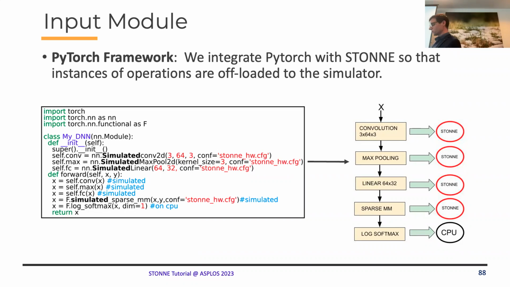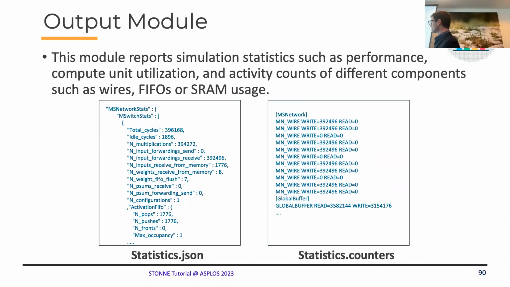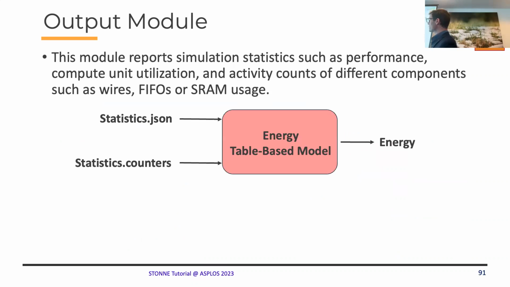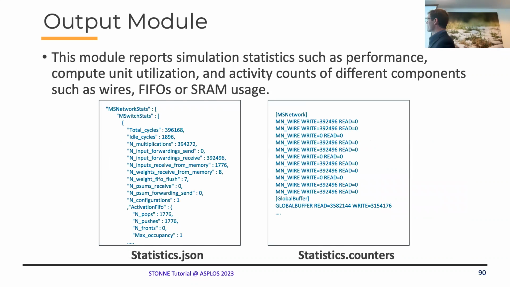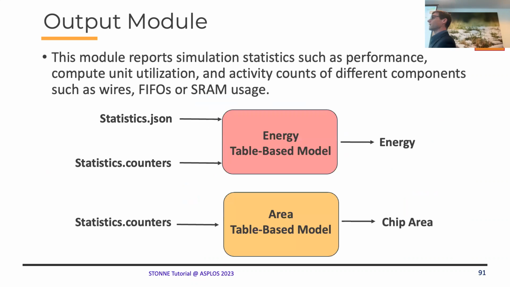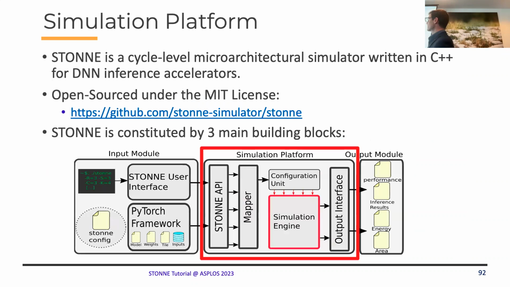But as long as we respect the STONNE API, which is very common, we are defining general types of layers.